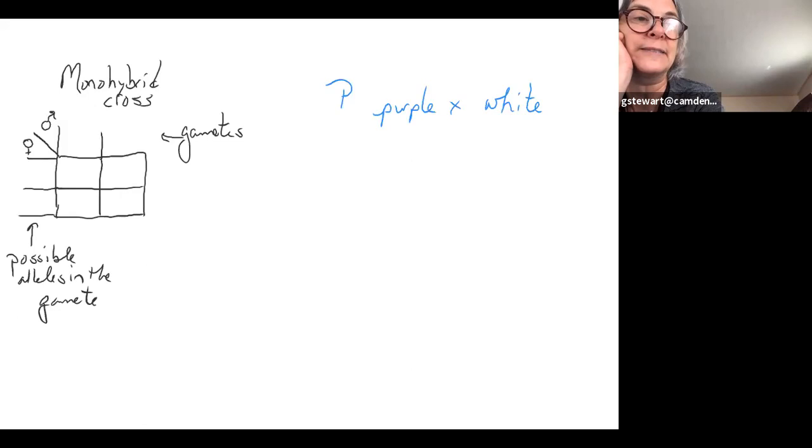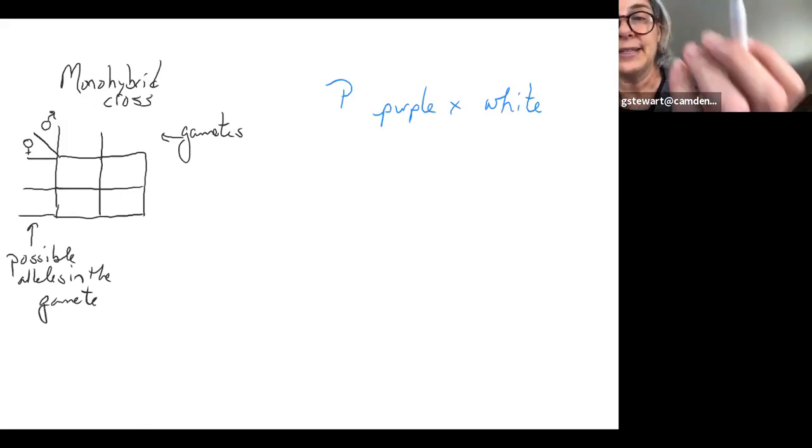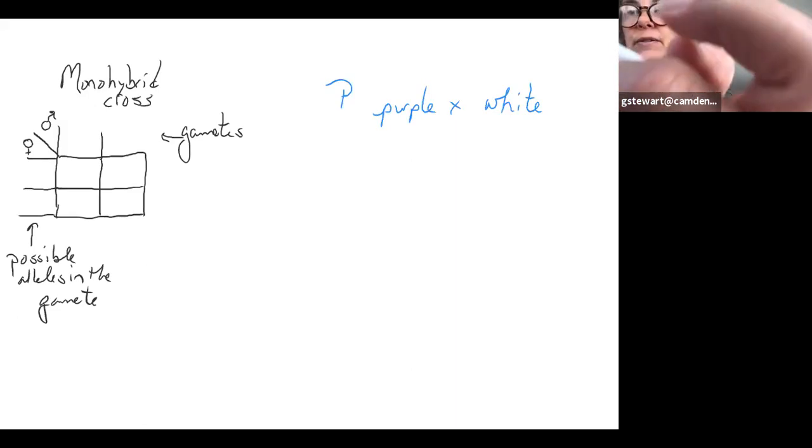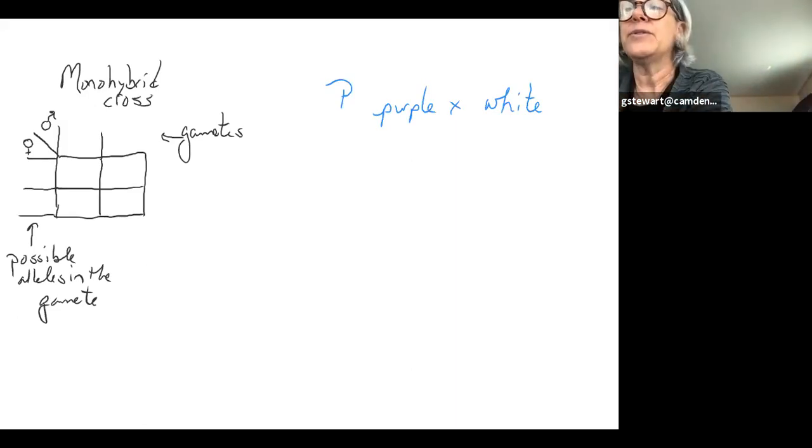And how we do that is we choose, in plants in particular, a letter of the alphabet. You'll hear me sometimes call this the symbol for the character, or I should say for the allele.